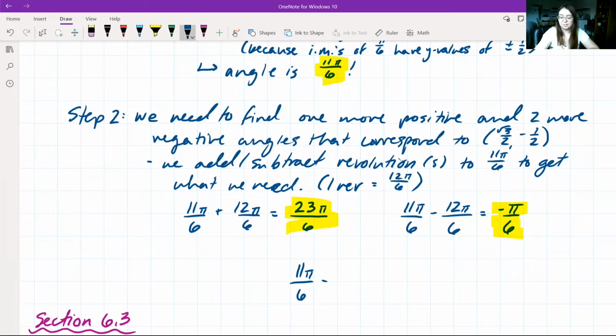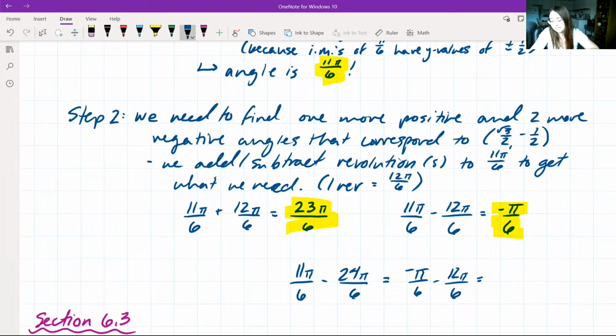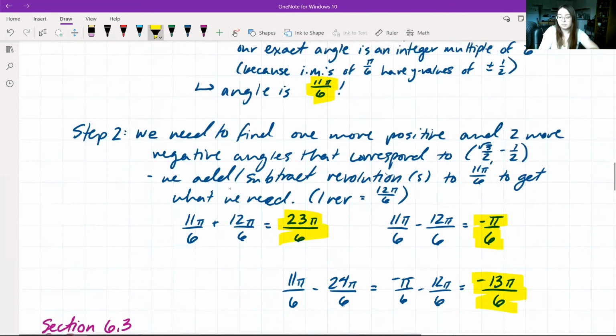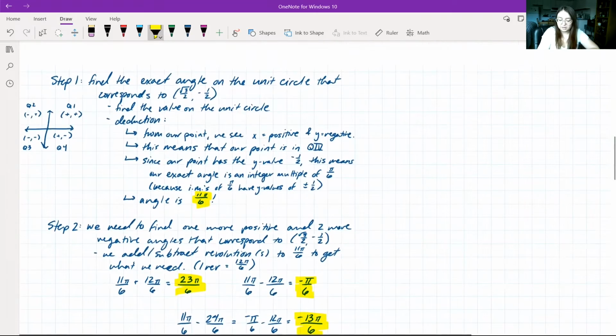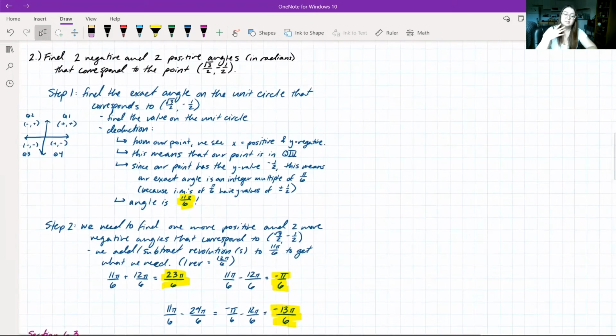So 11 pi over 6 minus 24 pi over 6 is equal to negative pi over 6 minus 12 pi over 6. Either way, this gives us negative 13 pi over 6. And these would be the 4 angles that we needed that correspond to our given point.